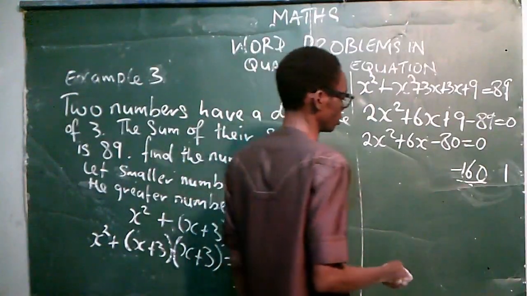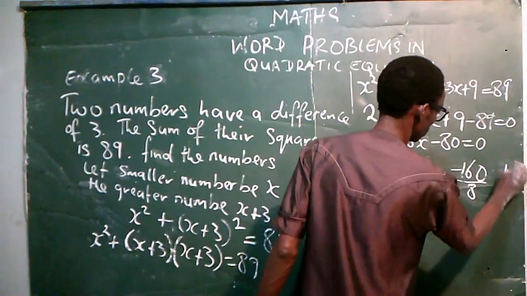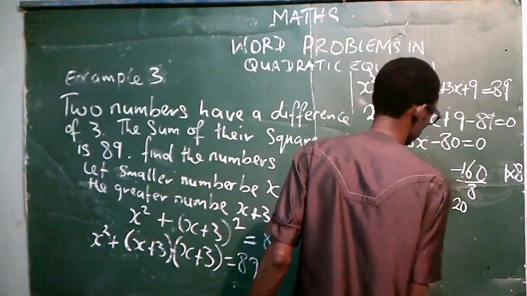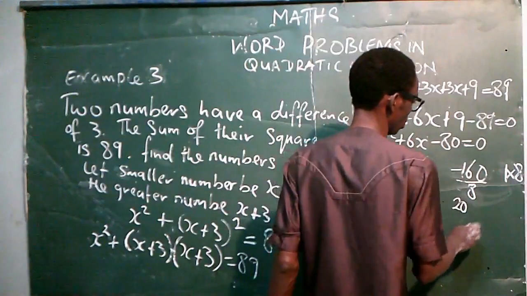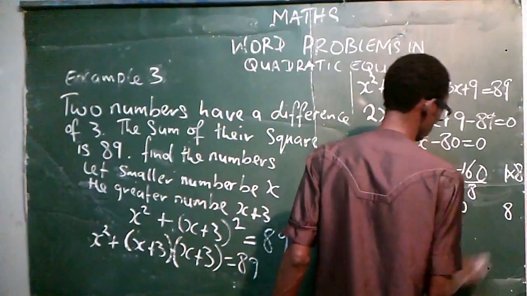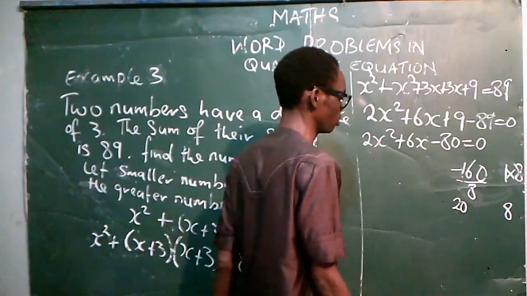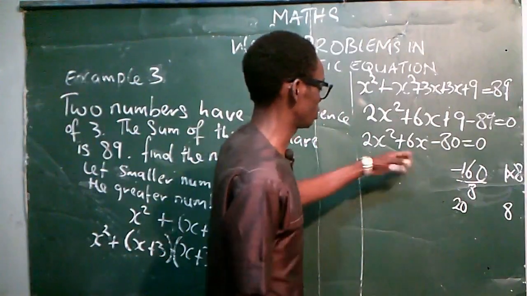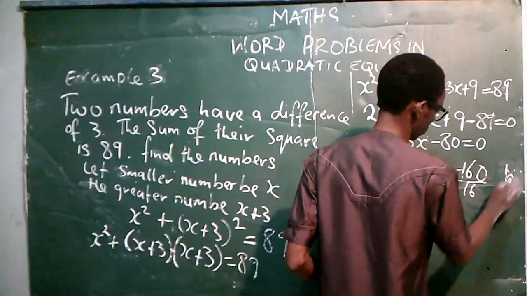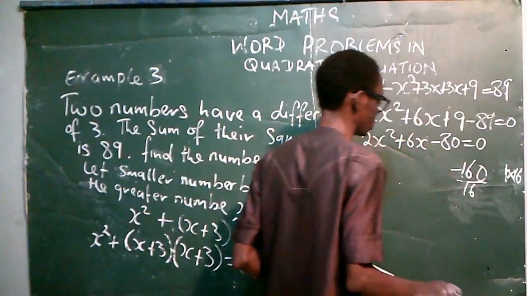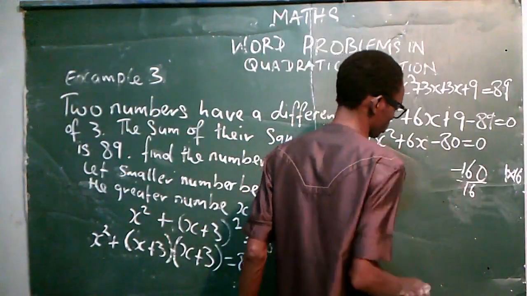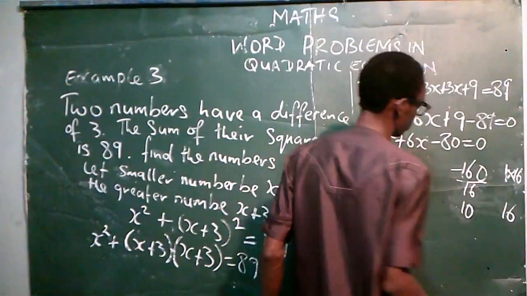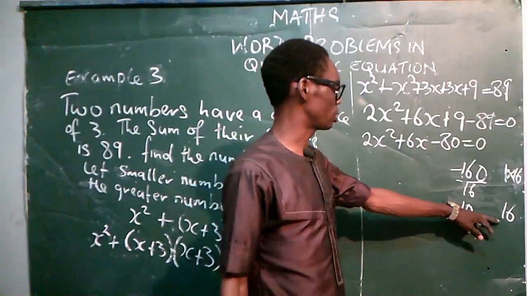Now I want to try 8. 160 divided by 8 gives me 20. 20 times 8 will give me 160. 20 minus 8 is 12, cannot give me 6. Let me try 16. 160 divided by 16 is 10. 10 times 16 is 160.